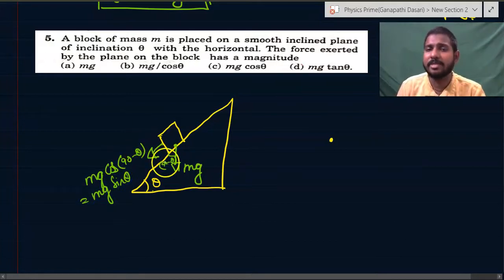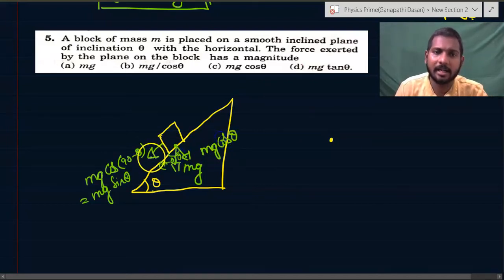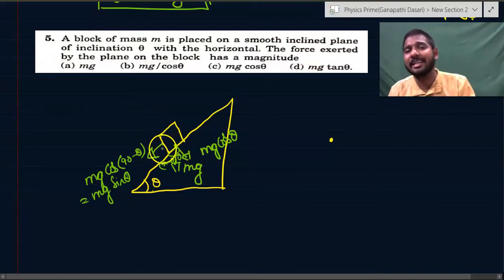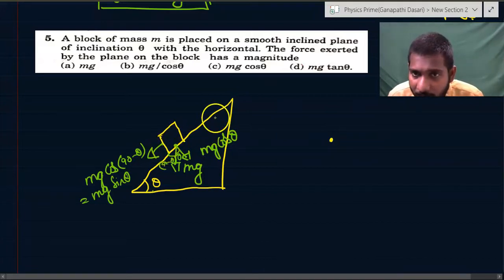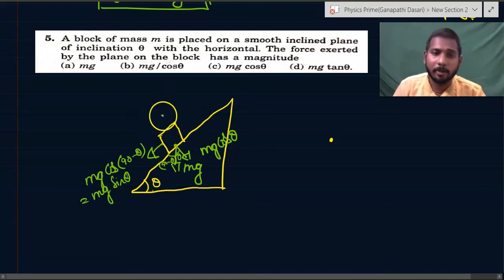This is a very standard result. A number of times this result will be used in your problems, but be careful to understand what angles are given in the question. Then there will be a component in this direction, that is mg. This is 90 minus theta, so this will become theta. This will become mg cos theta. Because the block is exerting an mg cos theta force on the inclined plane, the inclined plane will also exert a normal reaction.